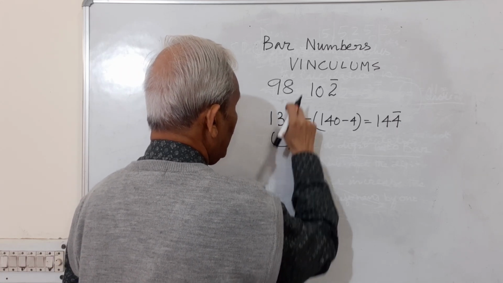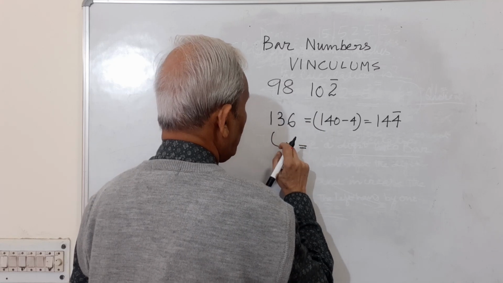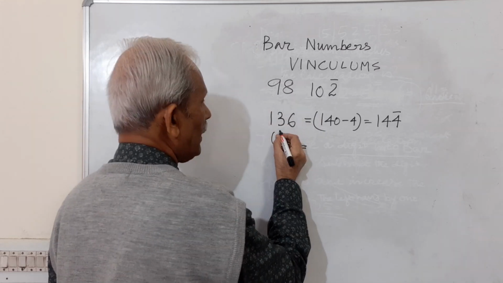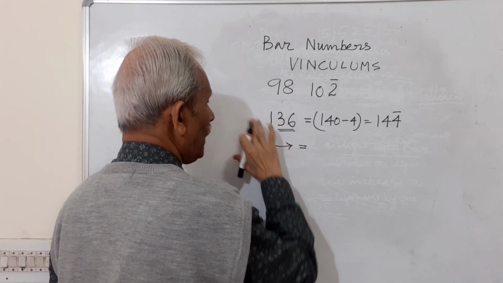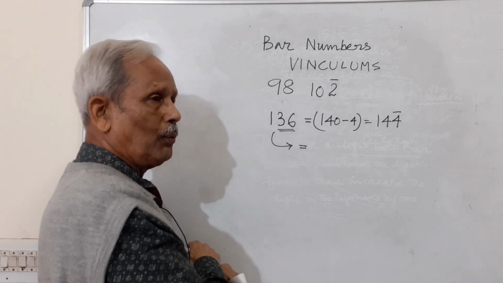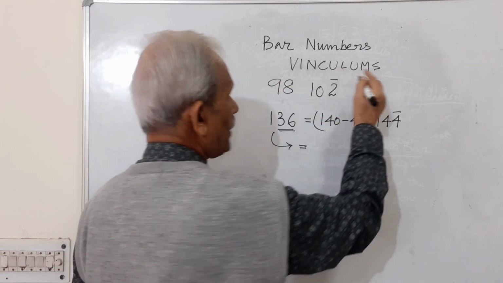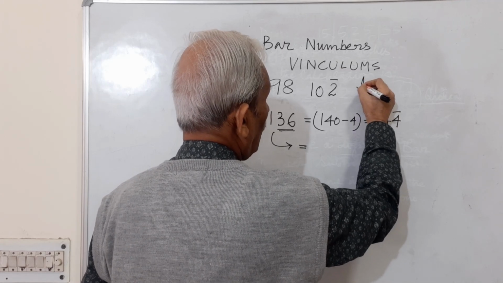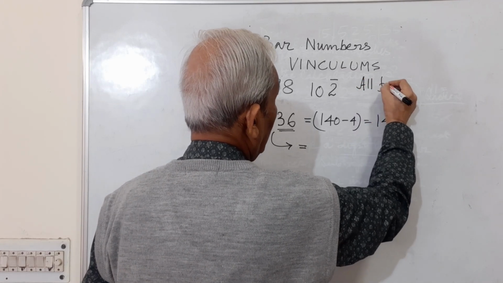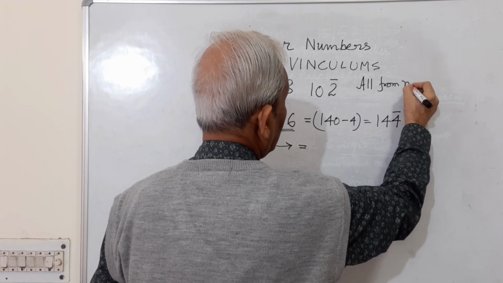Now this in short, we can do what? Reduce this from 10. And here, since there are two digits and you are converting into a vinculum, use the formula. I hope you understand and remember: all from 9, last from 10.